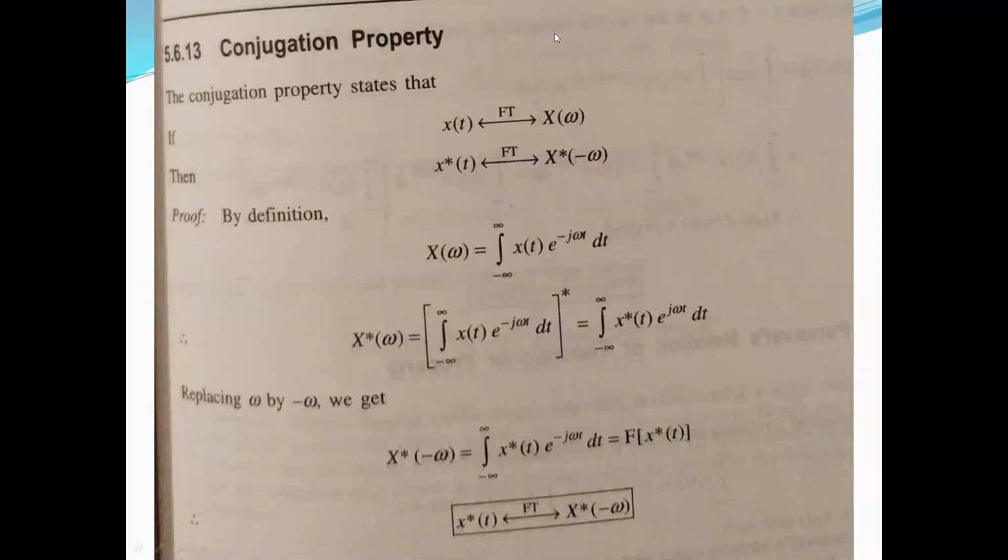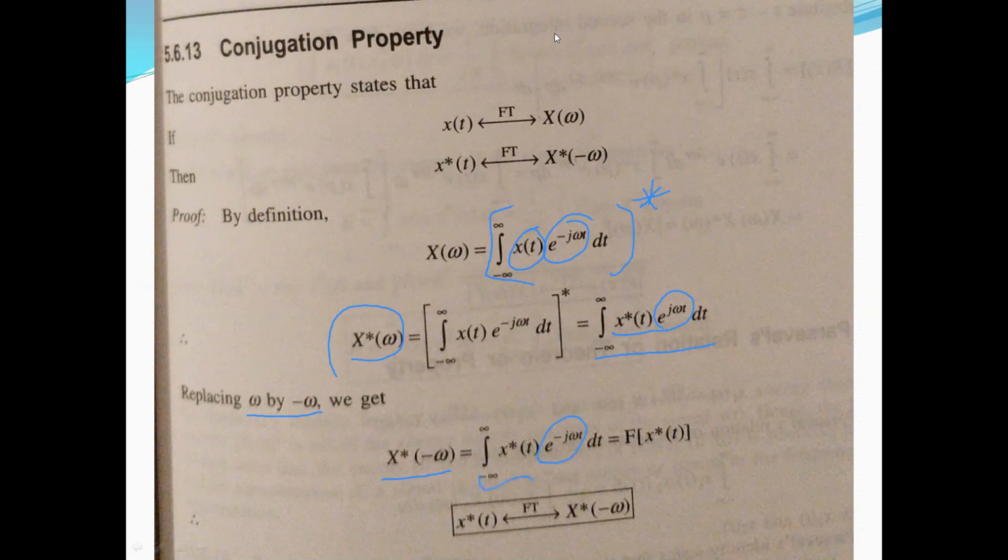The whole right hand side conjugation we have to take. In that, x of t becomes x star of t, but the exponential sign will turn from negative to positive. That is the conjugation part. Now replace omega by minus omega. The left hand side becomes X star of minus omega, and the right hand side becomes e to the power minus j omega t.